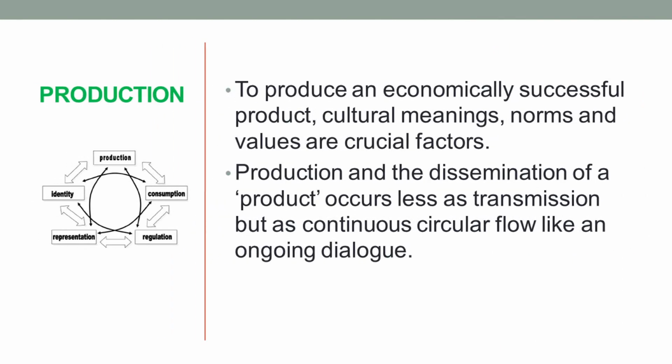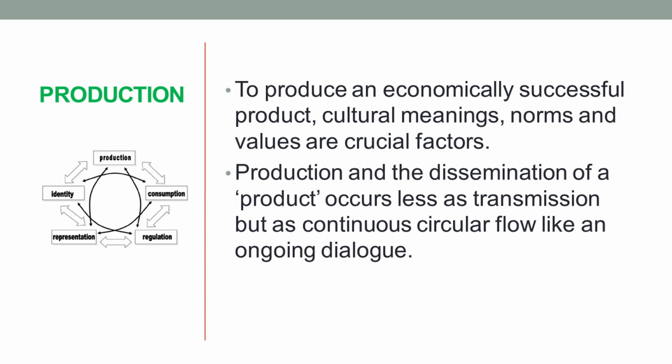Third one is production. In order to produce an economically successful product, cultural meanings, norms and values are crucial factors requiring consideration. Regarding the production of meaning, the circuit of culture suggests that meanings are produced at several different sites and circulated through several processes and practices.